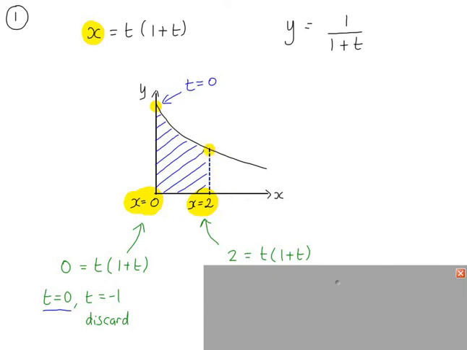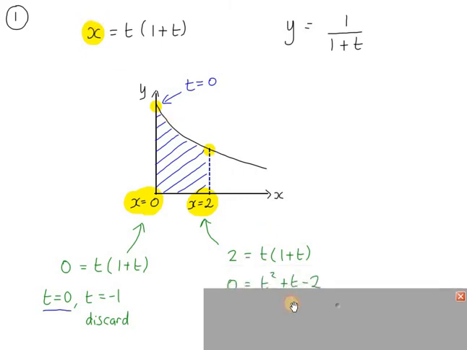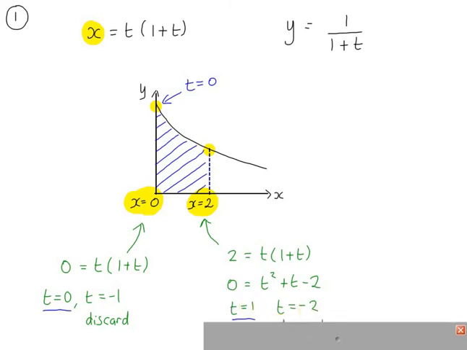Now for this point, I'm starting off with x equal to 2. I've substituted that in here and I have this equation. Expand the brackets, take everything to one side. It's quadratic, so we solve and get two values of t. I know the y coordinate here is positive, so it's either 1 or minus 2.